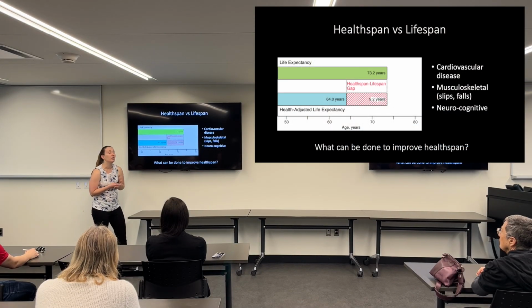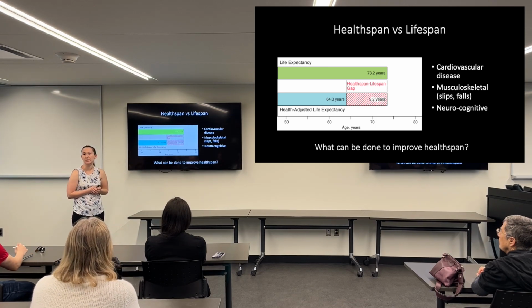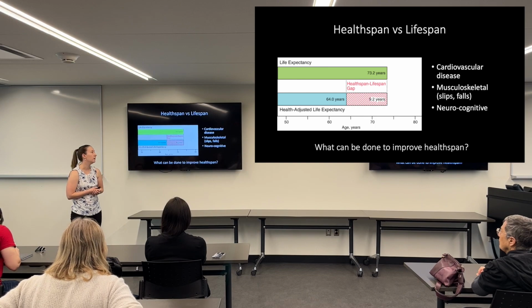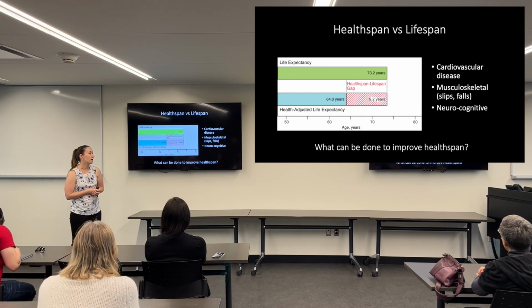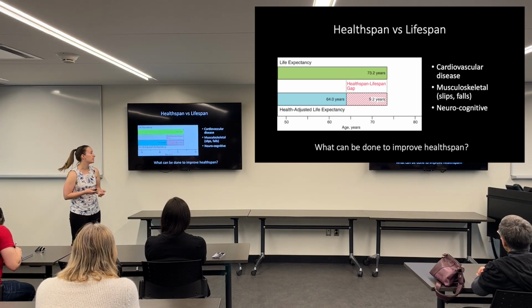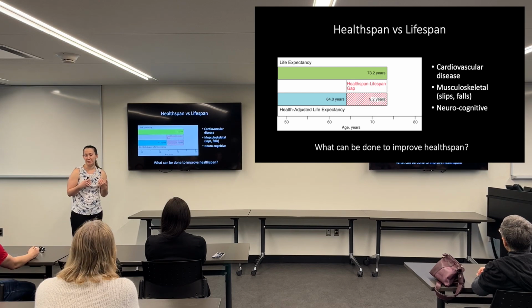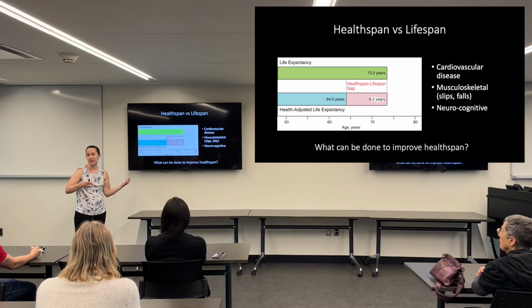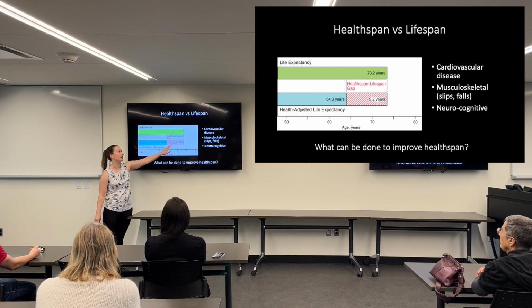That could mean increases in cardiovascular diseases, increases in musculoskeletal problems like falling, leading to bone breakage, as well as neurocognitive impairments. So from my perspective, I'm not necessarily interested in increasing longevity, but I'm interested in addressing this health span gap.